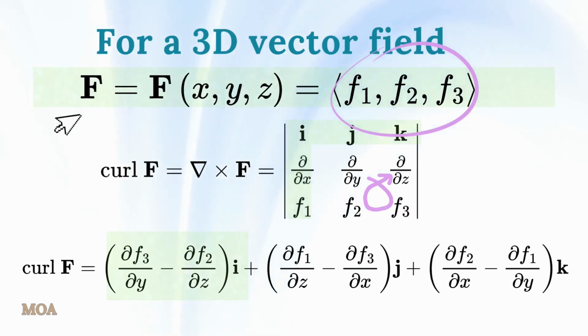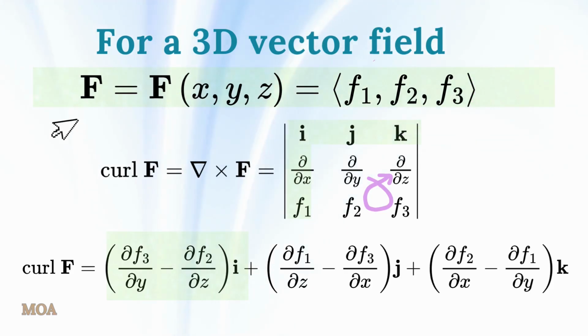For a 3D vector field, first, we write F equals F(x, y, z), which equals the vector field ⟨f₁, f₂, f₃⟩.